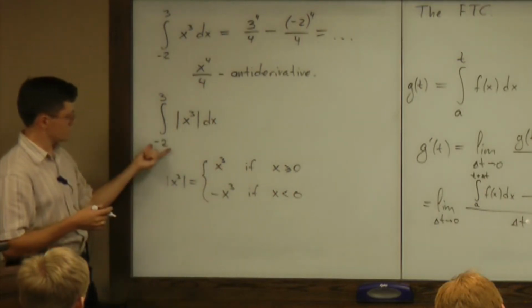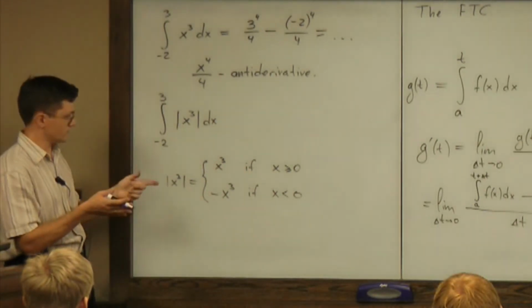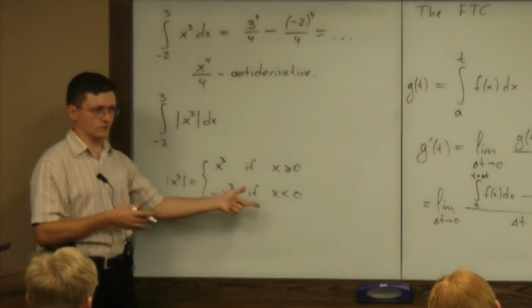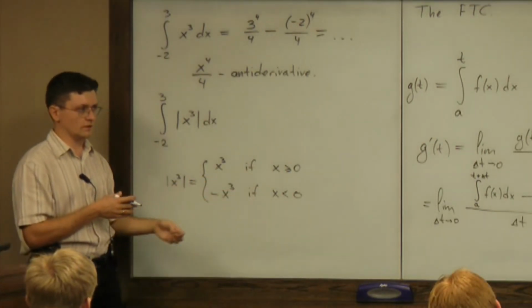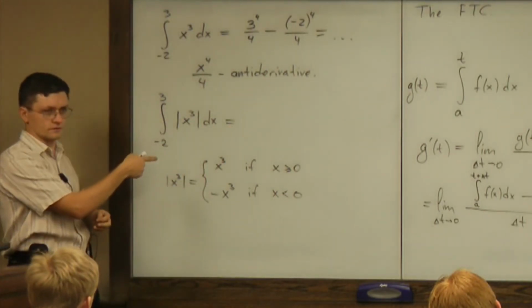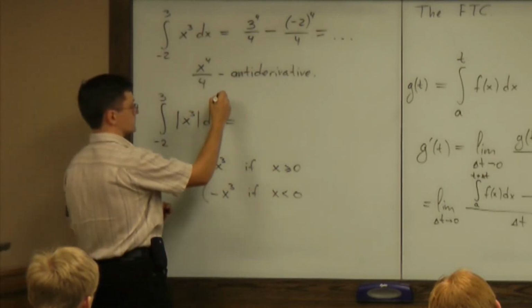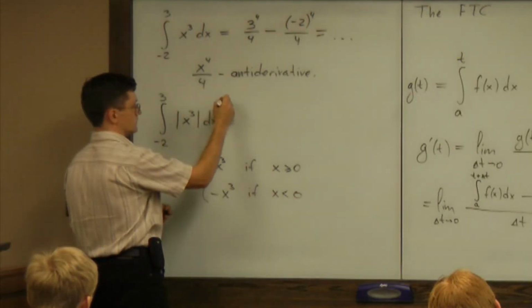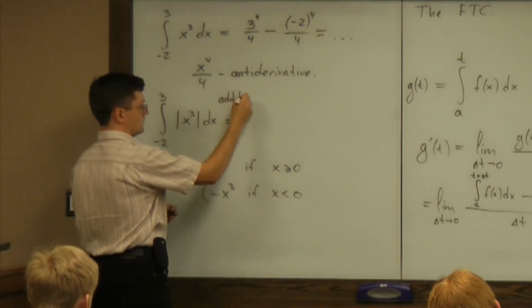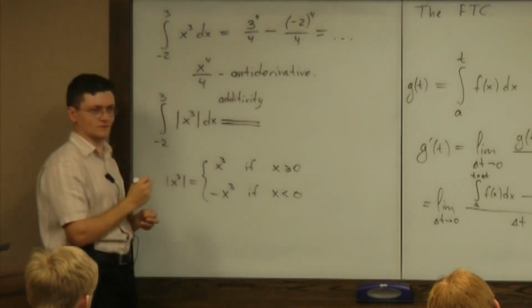And now, of course, this integral from -2 to 3 doesn't belong completely to any of those two parts. So what we can do is cut this interval into pieces, and we use additivity. So I use additivity of the integral here. And my equality becomes longer.